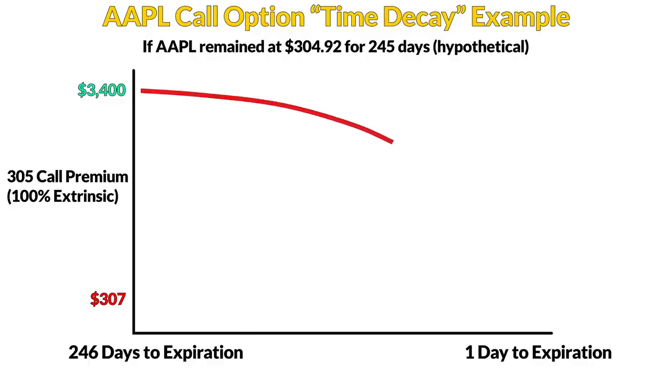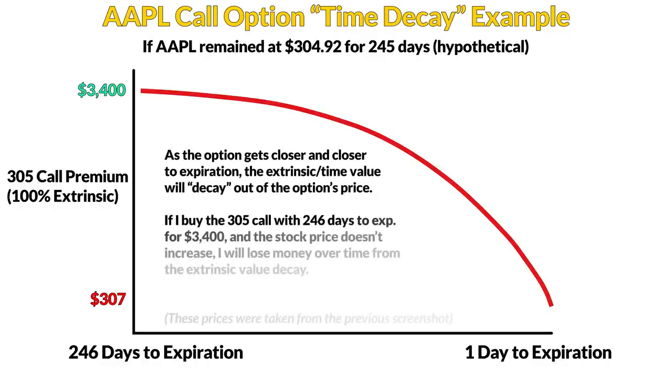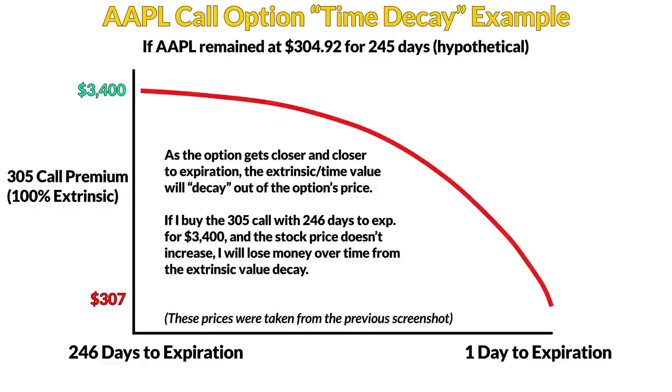And that's because if I buy a call option with 250 days to expiration, that is 100% extrinsic value, and I pay $3,400 for that option. But with one day to expiration, that same option is worth $300. Well, I will lose $3,100 on that trade simply from the passage of time. And that is called extrinsic value decay or time decay.